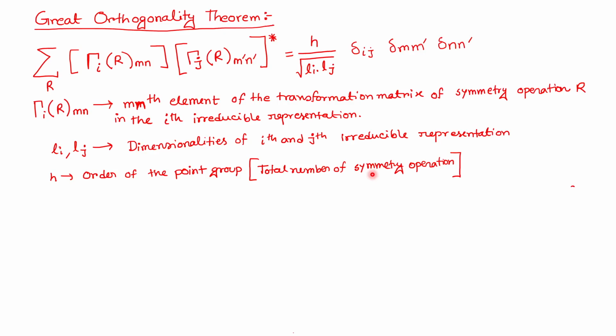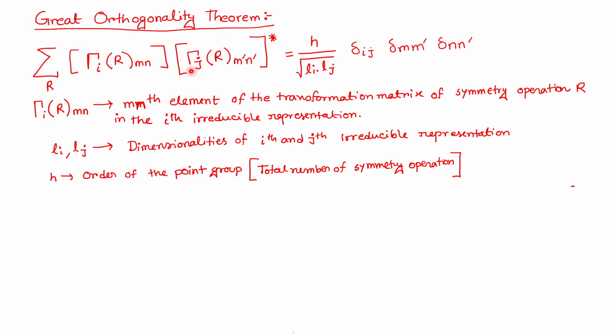So think of one of the transformational matrices, and there you go to the mth row and nth column, for a specific symmetry operation, that operation is R. So it is the mnth matrix element of the transformational matrix of symmetry operation R in the ith irreducible representation.